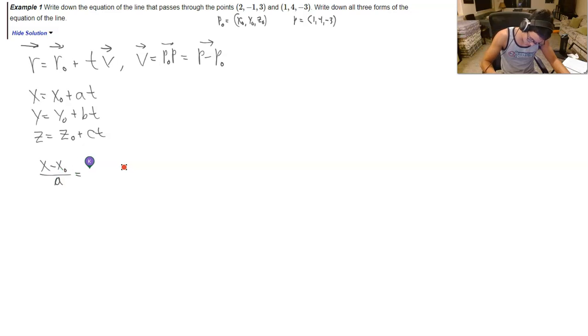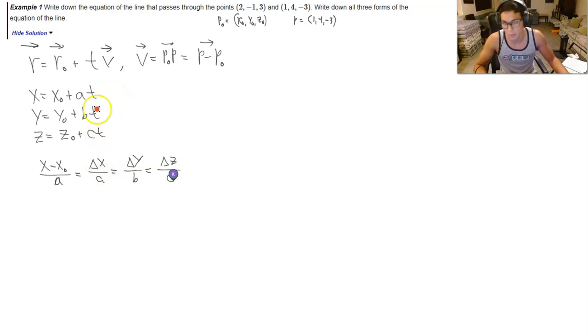And I usually write it as change in x divided by a. And then, as you can see, change in y divided by b, and change in z divided by c. So a, b, c, a, b, c, x, y, z, right? So there's a big pattern here.